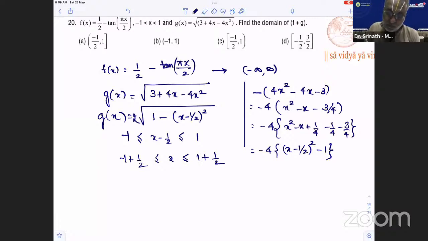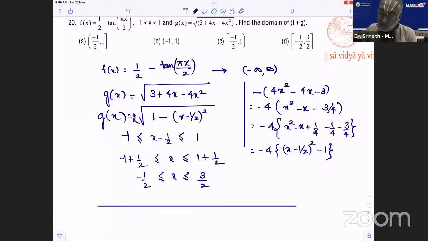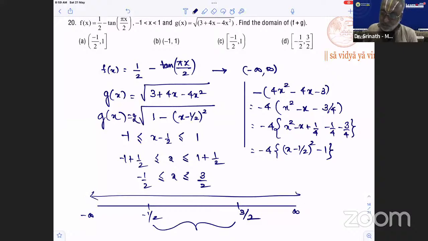So this will be minus half less than or equal to x less than or equal to 3 by 2. So f of x is defined from minus infinity to infinity, and g of x will be defined if x lies between minus half and 3 by 2. So this whole thing is contained in this.